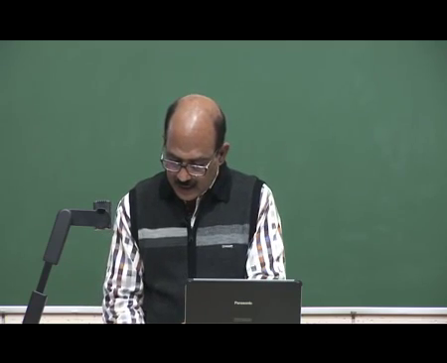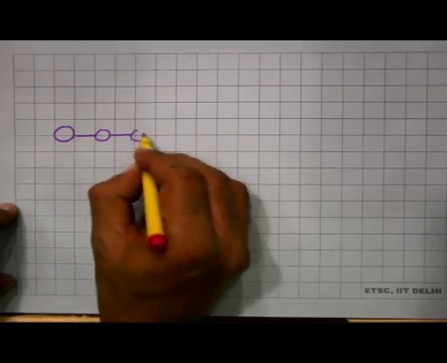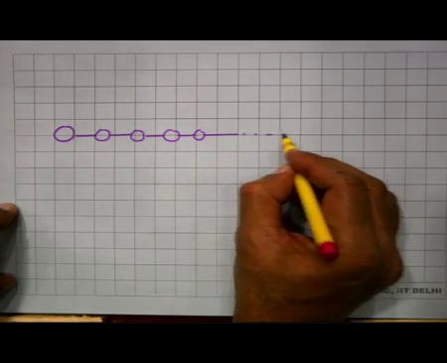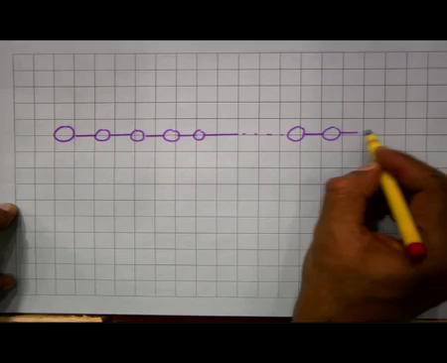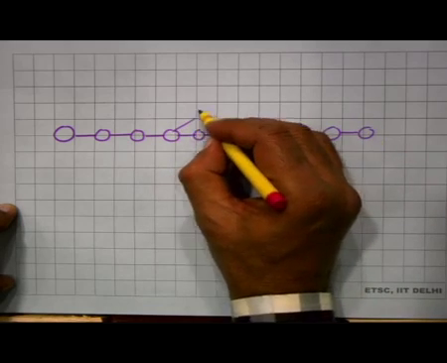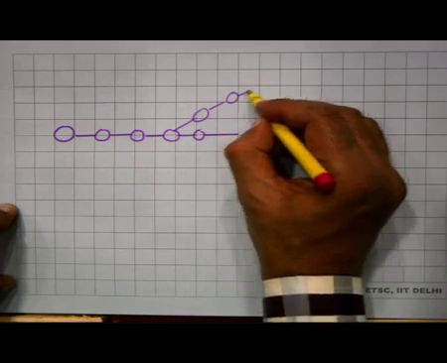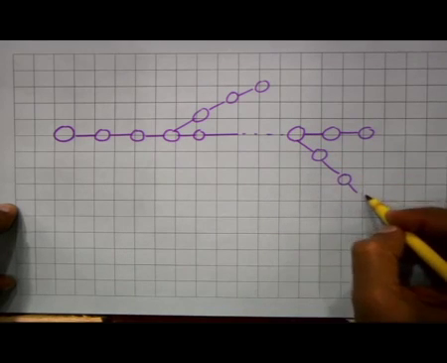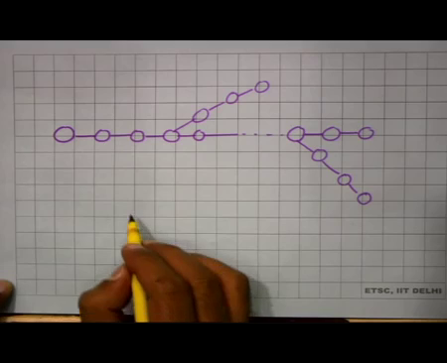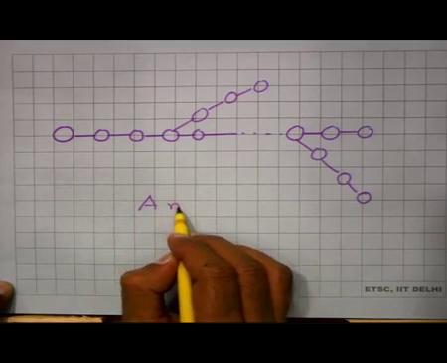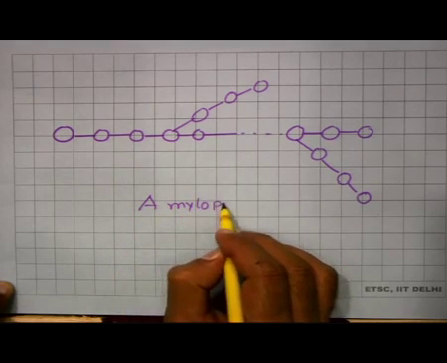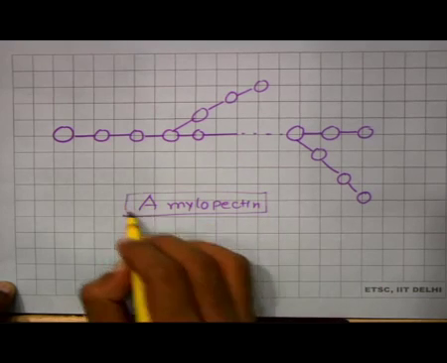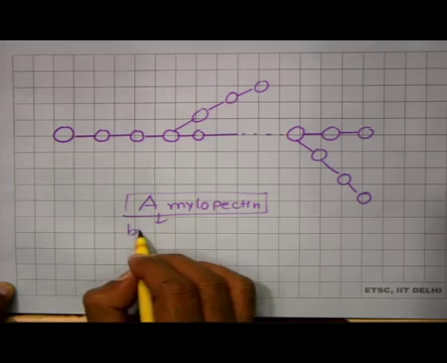This one is the linear structure of glucose. We can see the structure of amylose is this. When it is going to be branched, just like this branching, this type of branching is formed, that is called amylopectin. So, amylopectin is another type of starch which is a branched chain.